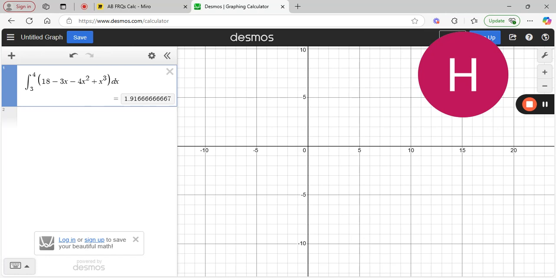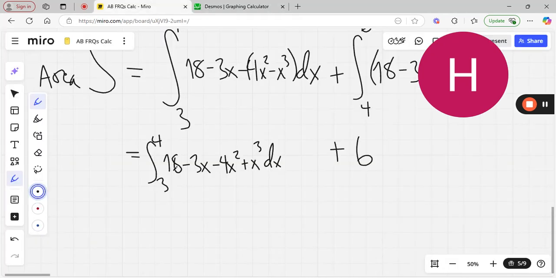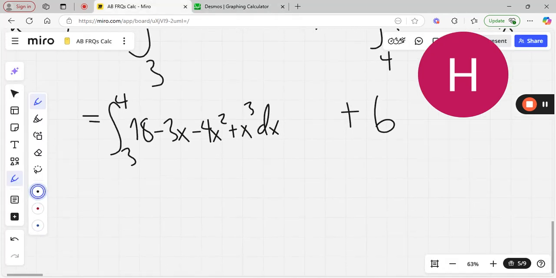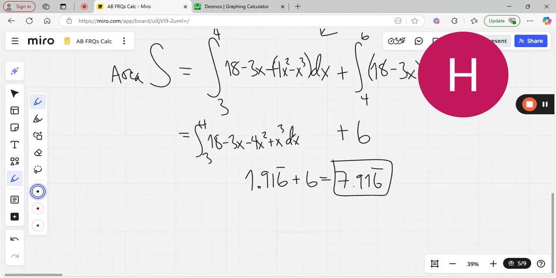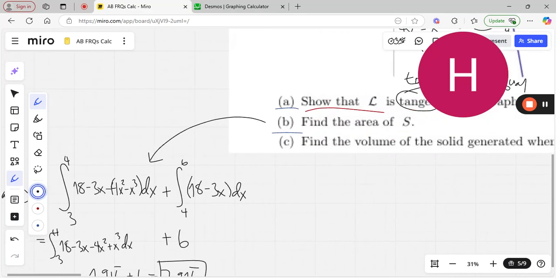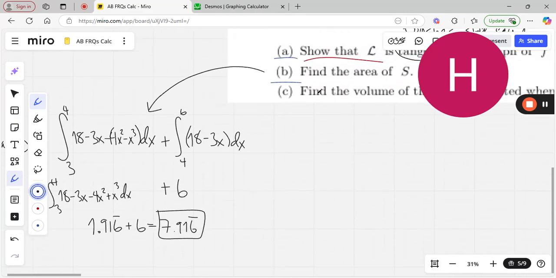So it seems like 1.9 and 1/60th, 1.916 repeated, and then we're going to add 6, of course, so this leaves us with 7.916 repeated. That is the area under the curve, or the area of S, which is under several curves.